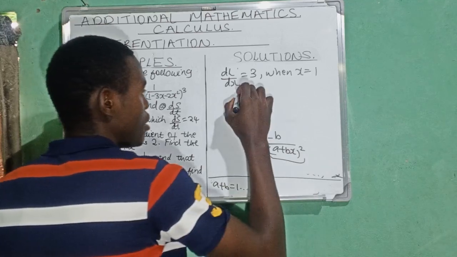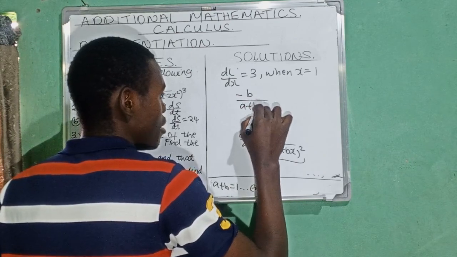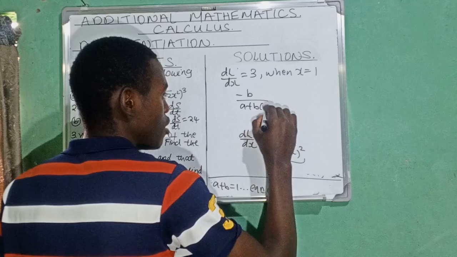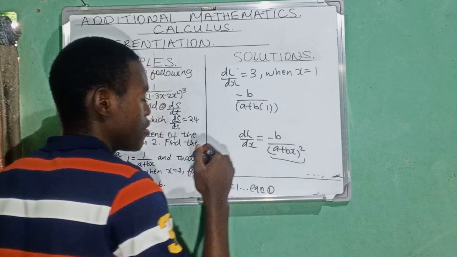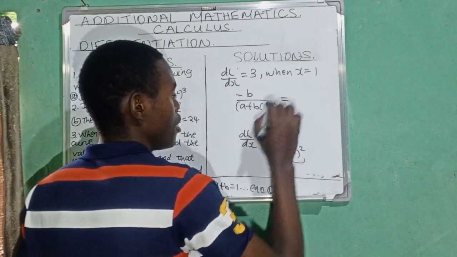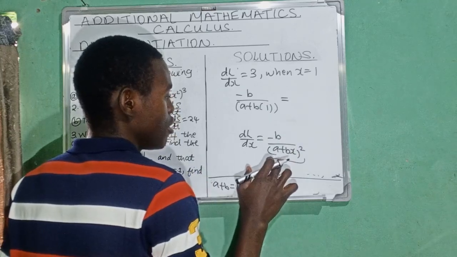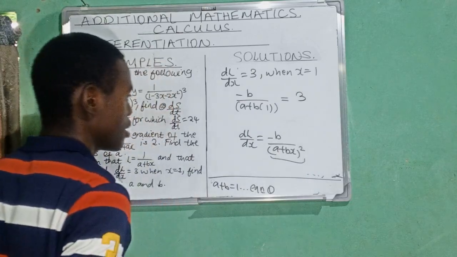What do I mean? I mean negative b divided by a plus b, we're saying x is 1, then we close the parentheses like that, and then say is equal to 3, like that.